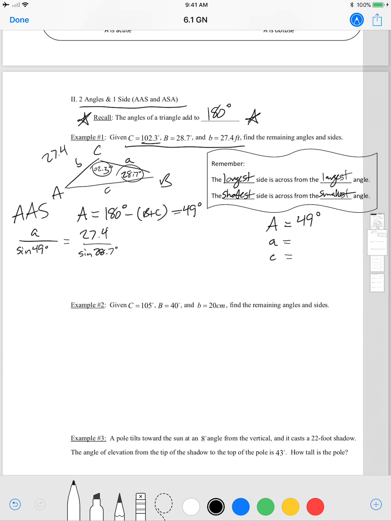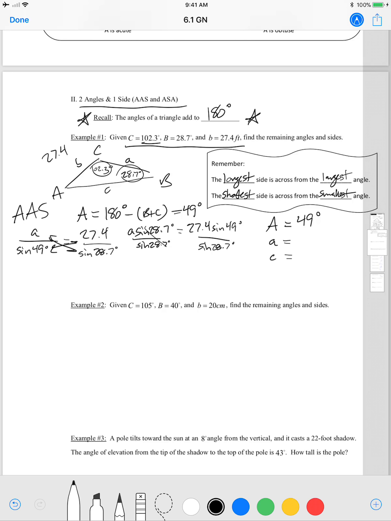So how do I solve for A here? Well, I cross multiply. So A times the sine of 28.7 degrees equals 27.4 times the sine of 49 degrees. How do I get A by itself? Divide both sides by the sine of 28.7 degrees.